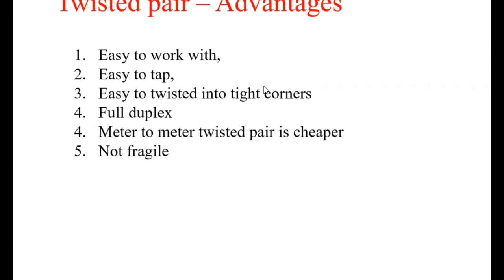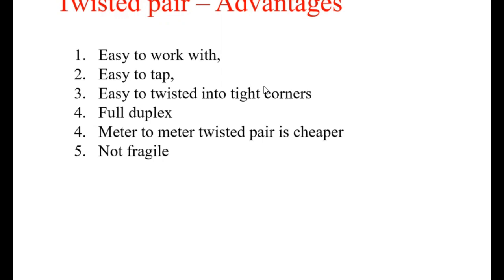Full duplex, you can use the same wire to carry information this way or that way. You can communicate in both directions. Twisted pair you can use for that reason. Half duplex is you can communicate in both directions, but not at the same time. You either send or you receive, and when you finish, you can send.